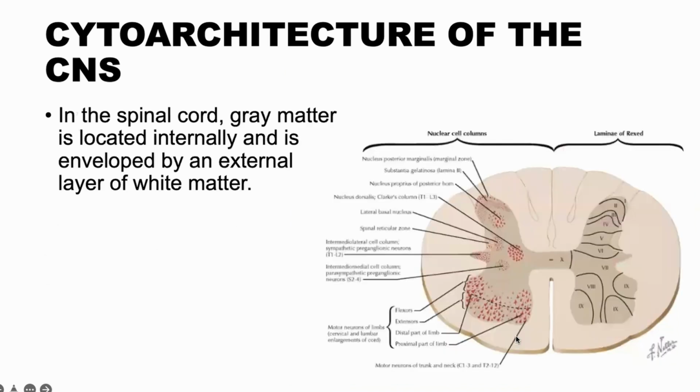In the spinal cord, it's different: the gray matter is on the inside, not the outside this time, and the white matter is on the outside. You have an idea as to what the gray and white matter is, right?